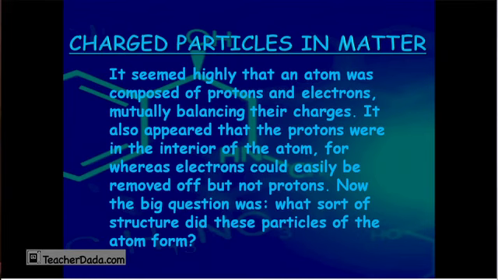Then what sort of structure do these particles have? That was a very interesting question for the scientists of that time, and they tried their best. Let us see what experiments were carried out to explain the atom.